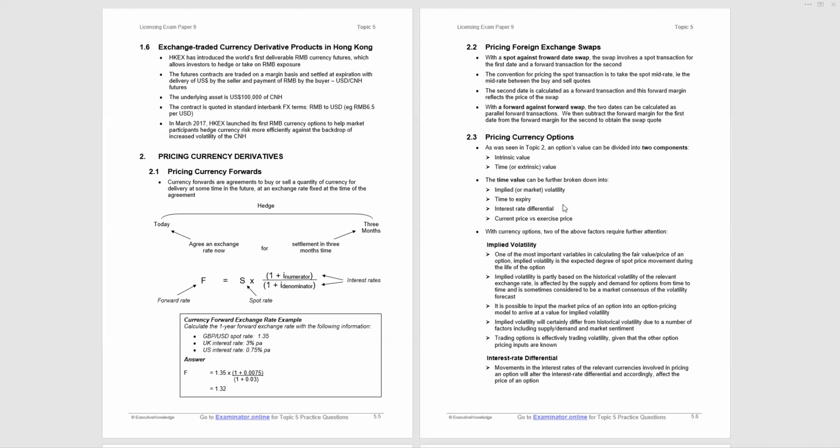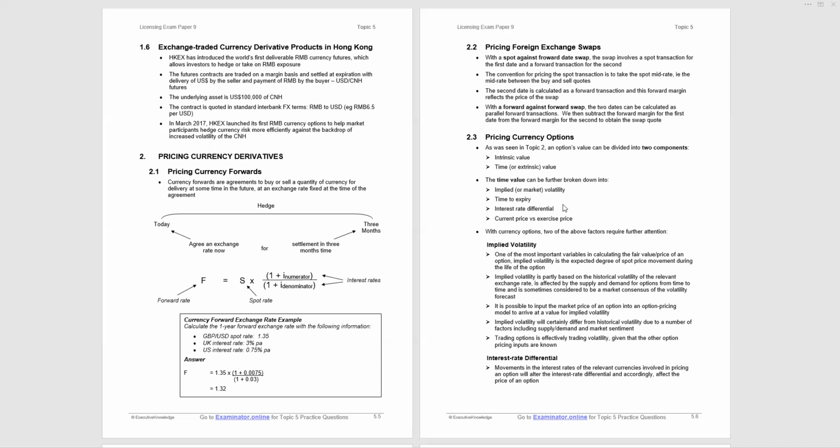And that gives us a forward rate of 1.32. Now, you may not have to do that calculation. It could be worse. They'll give you the forward and ask you to calculate the spot, or they'll give you the forward and the spot, and they'll ask you to calculate one of the interest rates. It's a must-know formula.